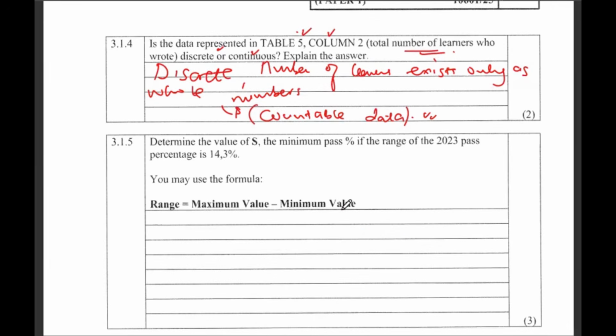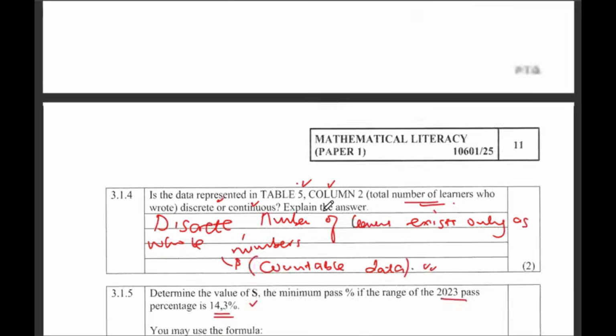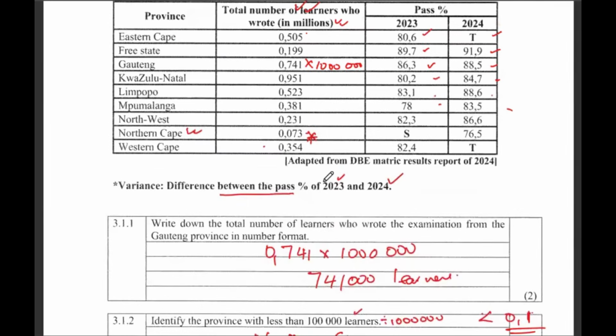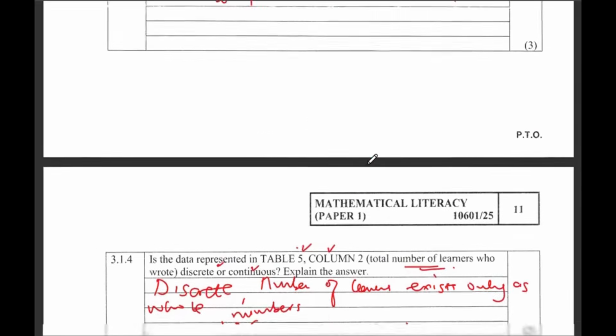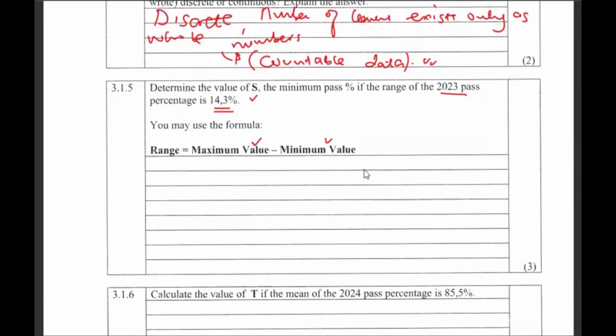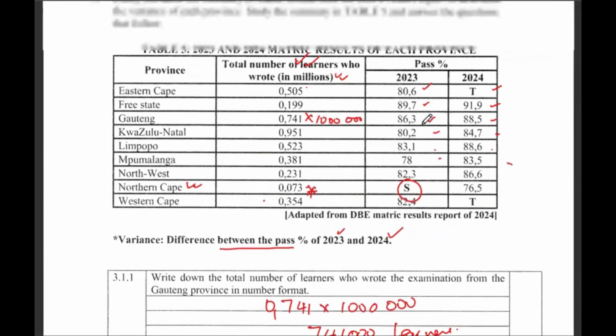Then 3.1.5: determine the value of S, which is the minimum pass percentage, if the range of 2023 is 14.3%. We know that range is maximum minus minimum. So where is S? S is here, okay? S is this, so we have 76.5 in 2024, which is like our maximum. So our range value is 14.3. This must be the maximum value that we are seeing since there was a trend of an increment.